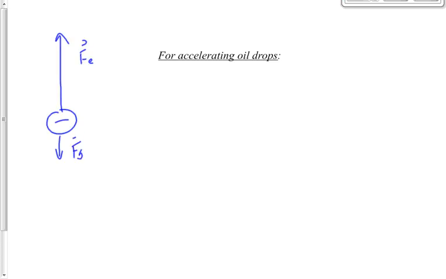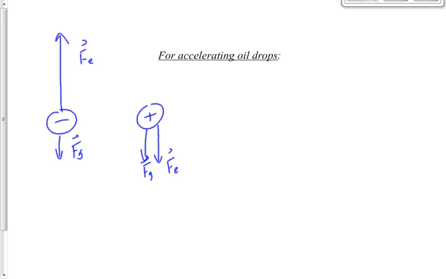Even though they're opposite to each other, they're not balanced. Or it might be a situation where the positive particle experiences a gravitational force like this and an electric force like this downwards. Any way you look at it, in these questions, the forces aren't going to balance. It's going to cause it to accelerate either up or downwards.